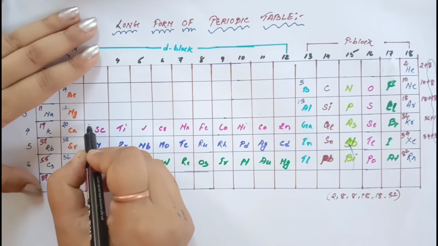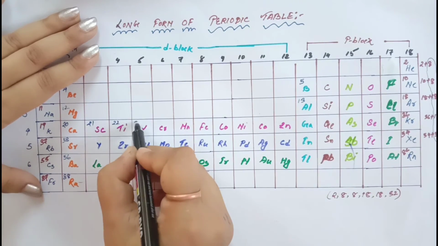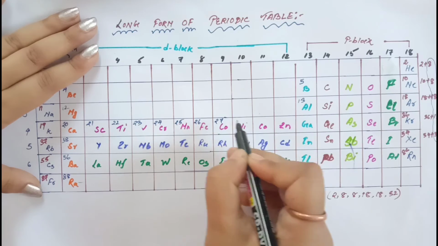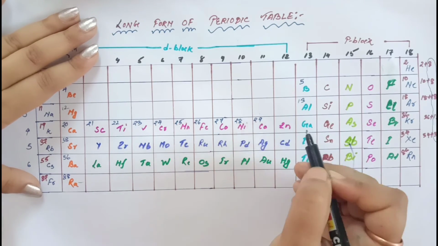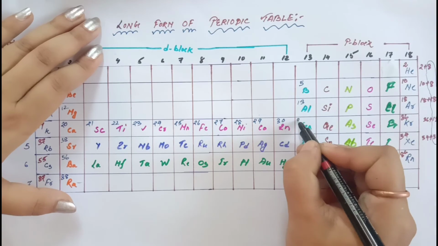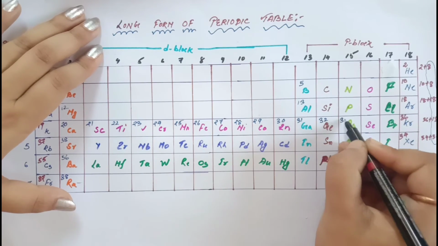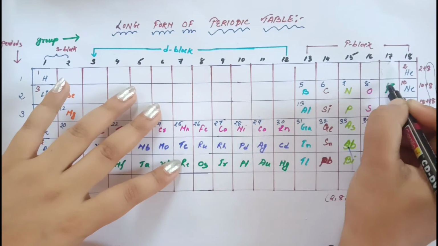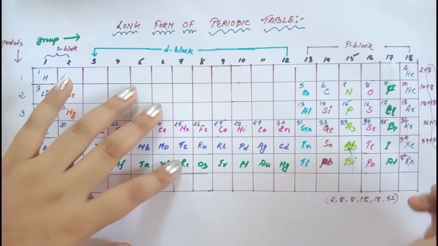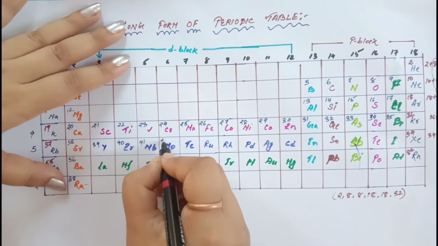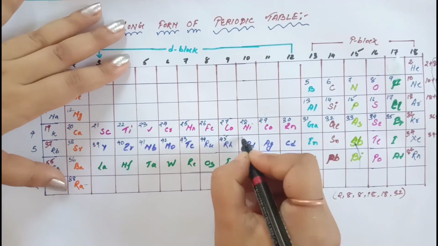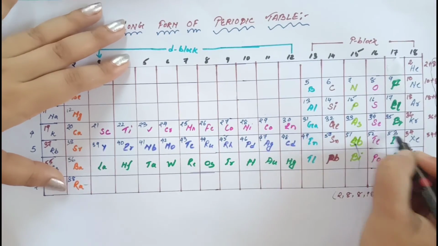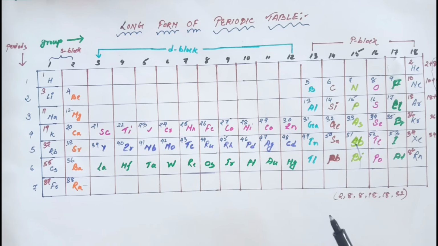So the next atomic number will be what? 21, 22, 23, 24, 25, 26, 27, 28, 29, 30, 31, 32, 33, 34, 35 and 36. So these elements follow the magic number rule.